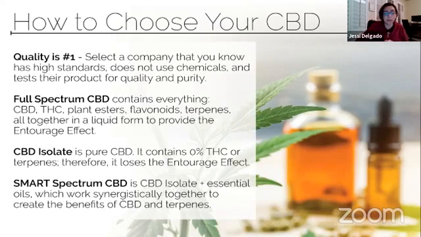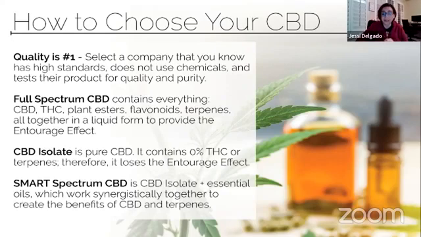The other way to produce CBD is an isolated form. CBD isolate is pure CBD, and while it has 0% THC, no heavy metals or other compounds, it also has no terpenes in it, and therefore it loses the entourage effect. So remember what contains terpenes?